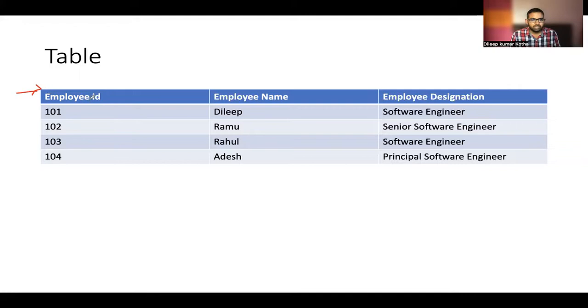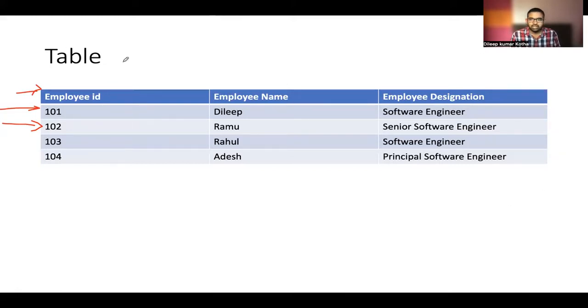So employee ID is one column, employee name is one column, employee designation is one column. So these columns represent identifications within the table, and there are records or rows, we call them. So these rows identify the things which are needed in our day-to-day operations. So this is a simple table.